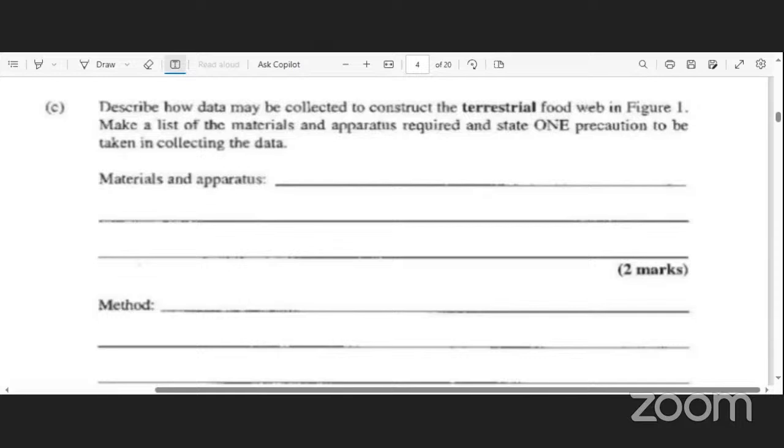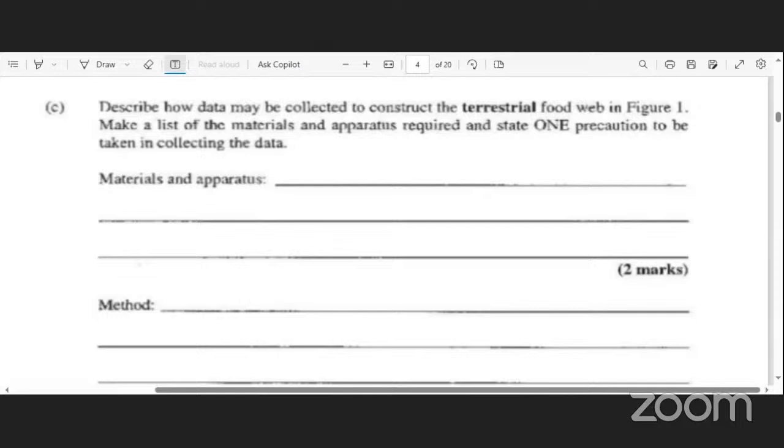And then when it comes to the organisms that are really mobile, we are going to use the Lincoln index or the mark release recapture method. So remember earlier, you need to use brightly colored markers if you're going to use a marker, or you can get tags to put around the organisms.